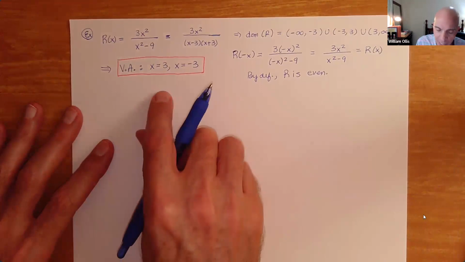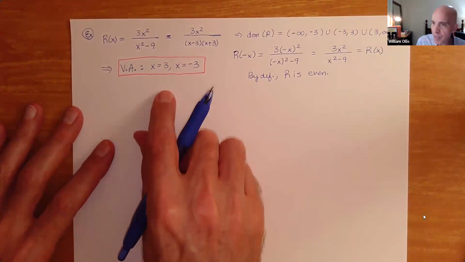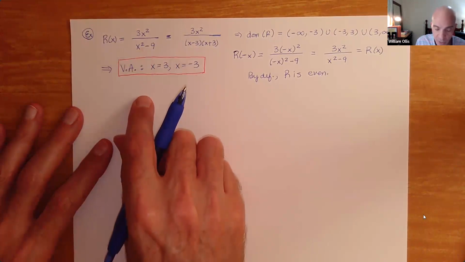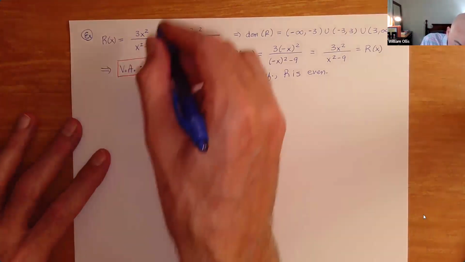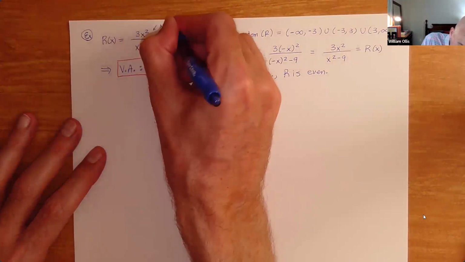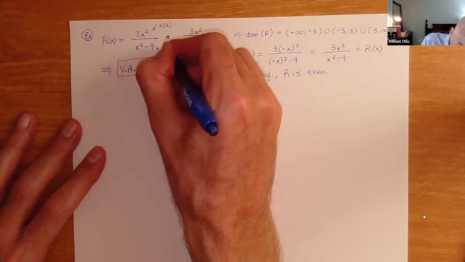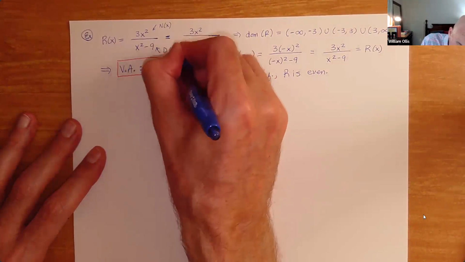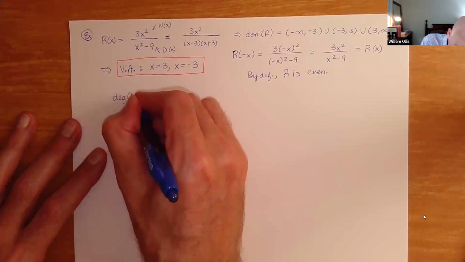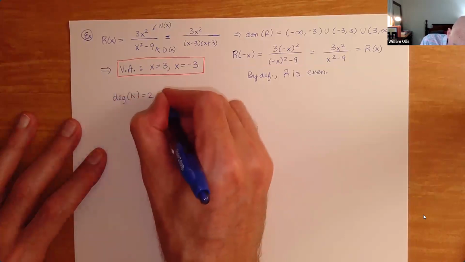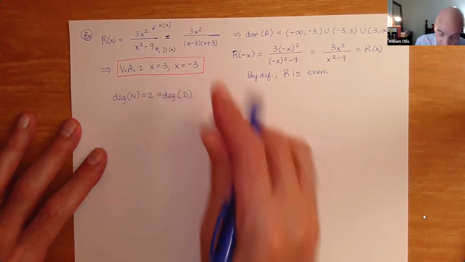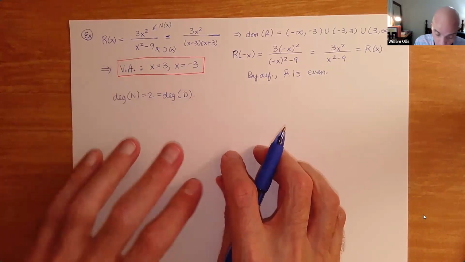Now, let's go ahead and check out some other things that are very straightforward. We can look at the horizontal asymptotes. Notice here, if you want to call this the numerator n of x, and call this the denominator d of x, what we see is that the degree of n equals 2, which is also the degree of d. So now we can just use the ratio of the leading coefficients.